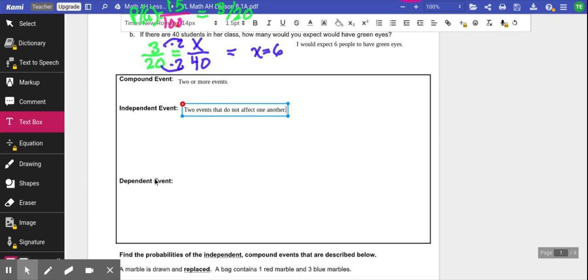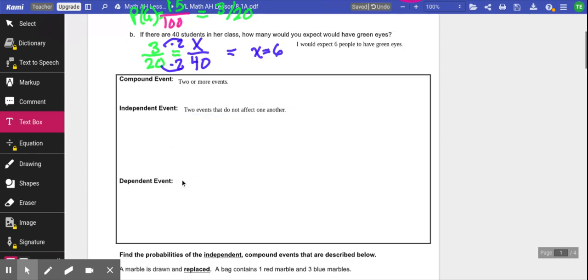Okay, dependent events affect one another. So maybe I'm going to draw twice from a bag. But after I draw from the bag, I'm not going to put my thing back. So maybe my bag has marbles and I have 10 marbles and I draw one out and I put it in my pocket. Well, now the next time I draw, I change the bag. There's no longer 10 marbles. There are 9 marbles.